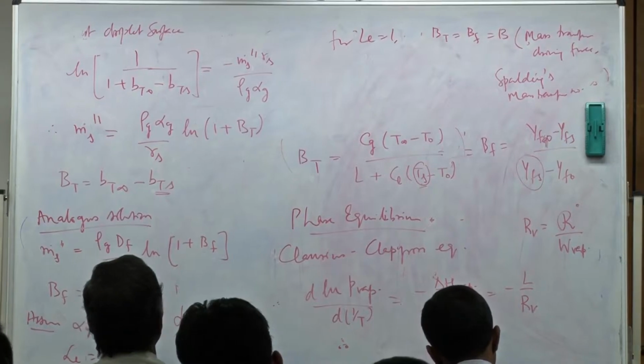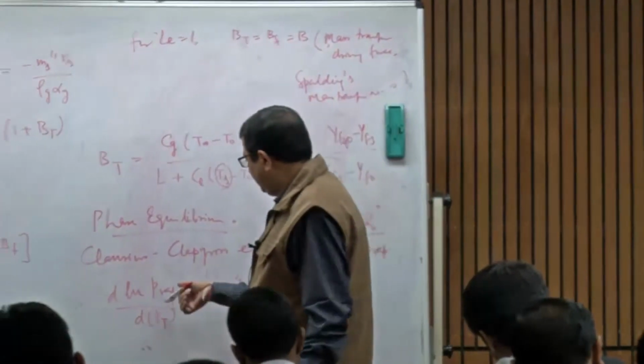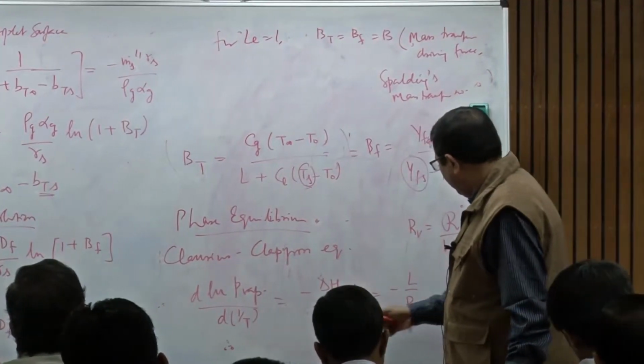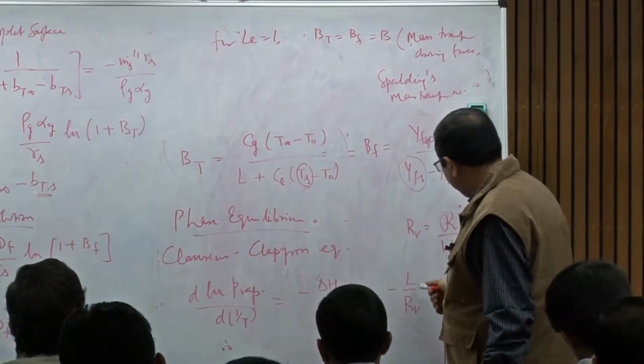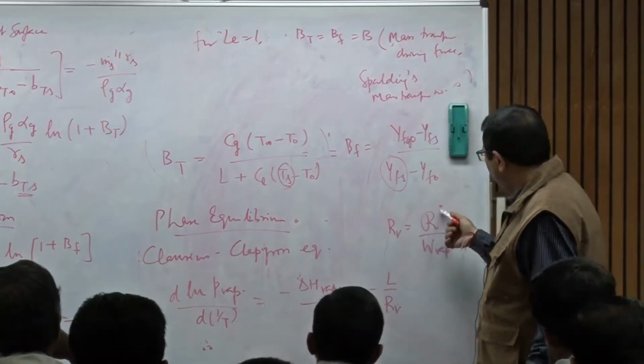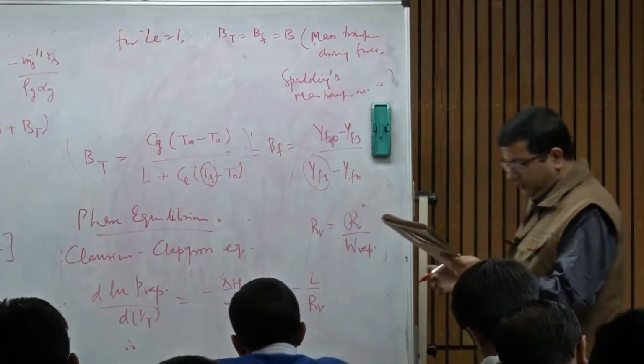This is the Clausius-Clapeyron equation. This is the vapor pressure, heat of vaporization by R, and this is in terms of latent heat of vaporization and R v, where R v is the molecular gas constant divided by the molecular weight of the vapor.